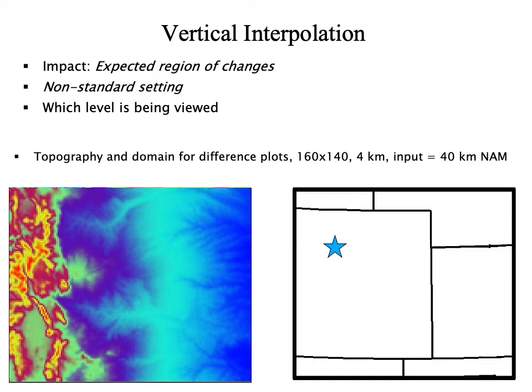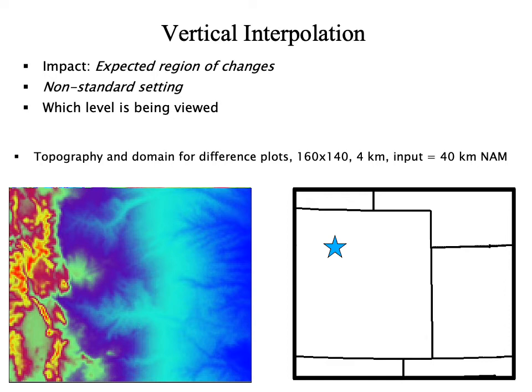The blue area, from about a third of the way over from the left all the way across Kansas, is relatively flat, even though it's elevated topography. It's fairly smooth. The blue star identifies where Boulder is located.